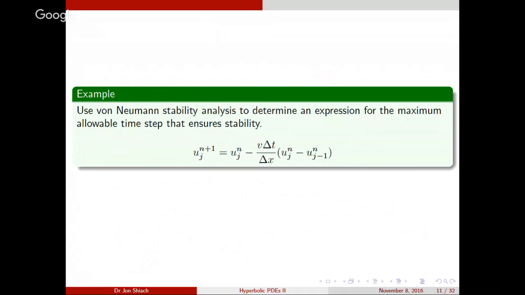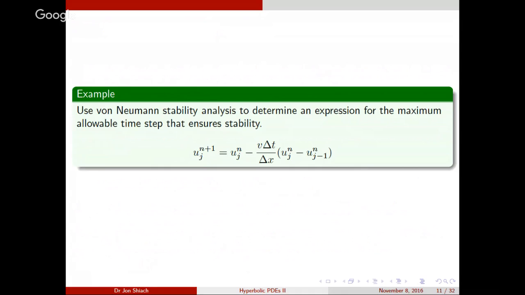Okay, the next step is to insert our Fourier modes. So what I'm going to do is substitute. Okay, so that's what I'm going to substitute in.